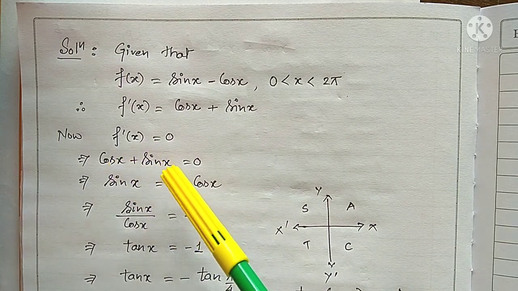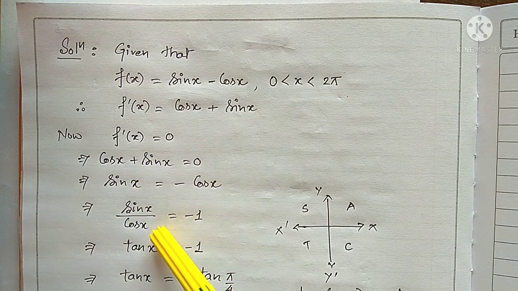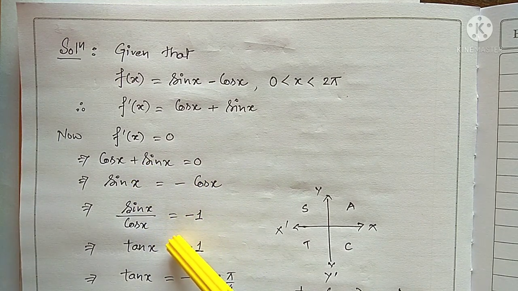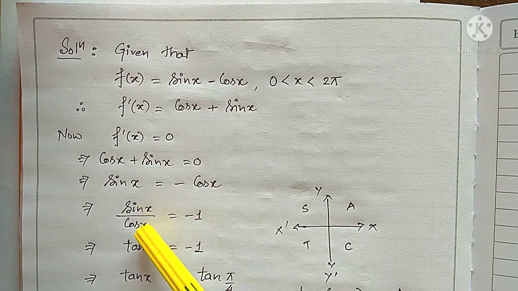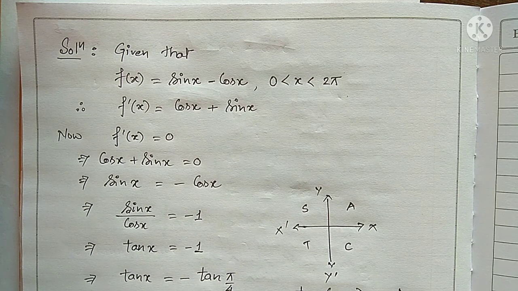If sin x and cos x conditions like this are given, we always apply this method: we convert into tan x. Sin x by cos x, all of you know, is tan x. So tan x = minus 1.